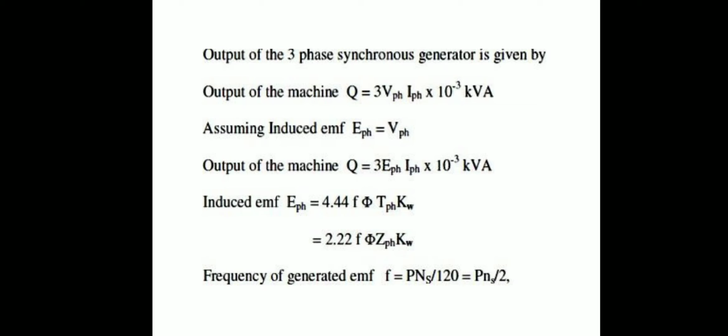Now, induced EMF EPH is equal to 4.44 F phi TPH kW, which is 2.22 F phi ZPH kW. Frequency of generated EMF is F equal to P NS upon 120, which is equal to P NS upon 2.